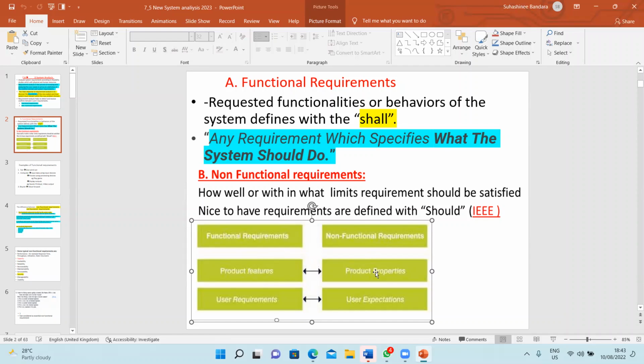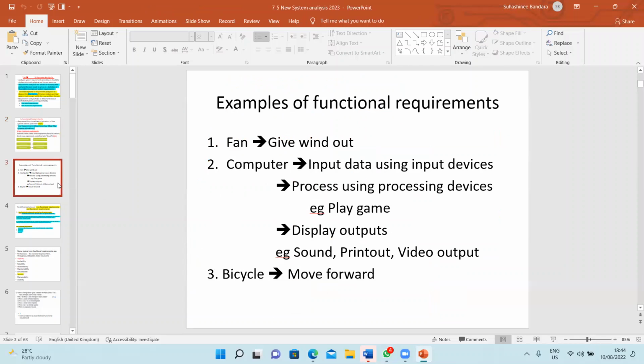The feature of the fan is giving the wind, and the properties are the color and whether it is an auto fan or manual fan. The user requirement is satisfied by the functional requirement, and the non-functional requirement is the user expectation. So warranty period and speed, those things we can say. We'll write it later, I'll just explain.